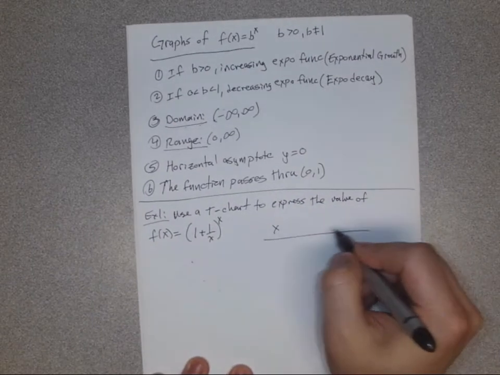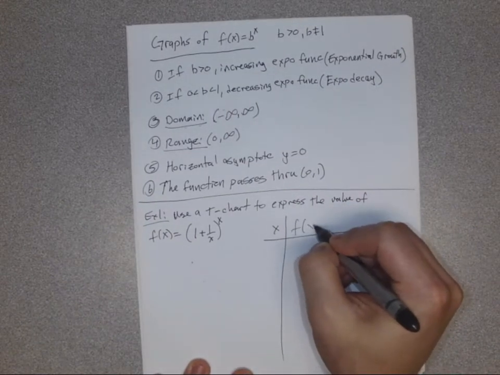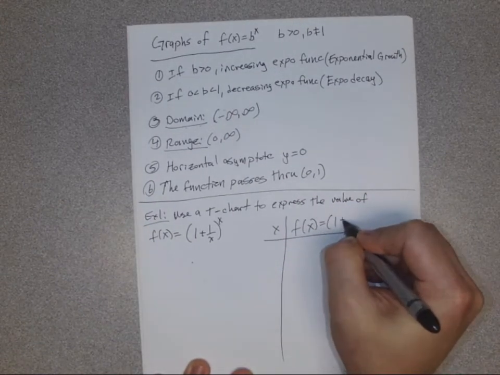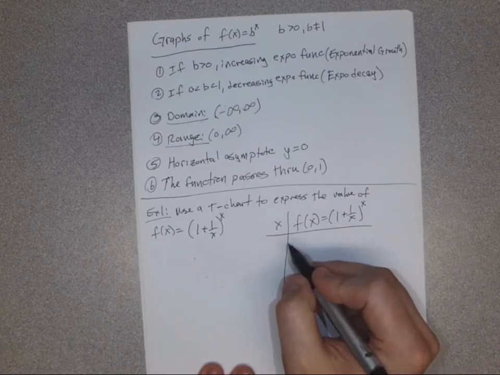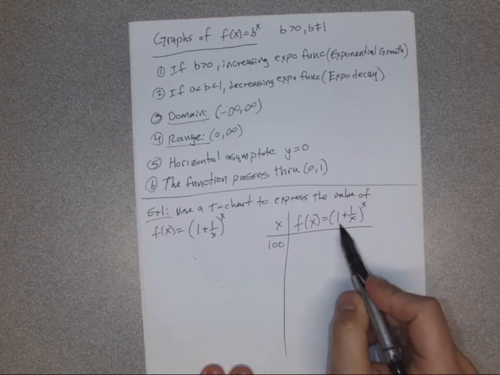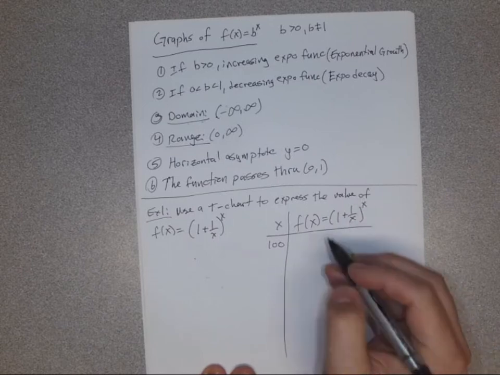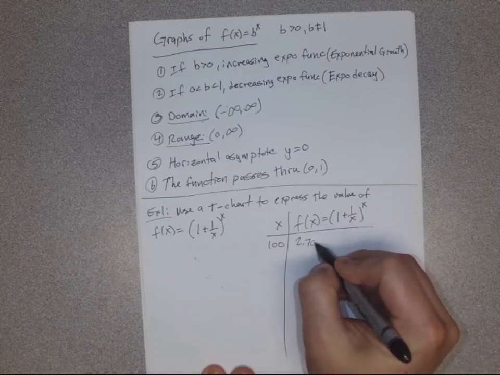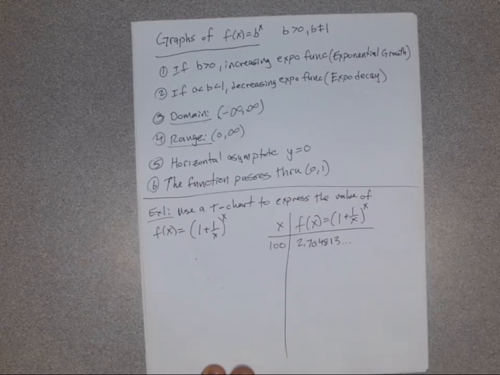So let's just do a quick T-chart here, and I want to show you that number, just so you can see how the number came about. And so let's plug in 100 in here. If you plug 100 in here, which means you get 1 plus 1 over 100, then that raised to the 100 power, you get 2.70481 and it just keeps going.